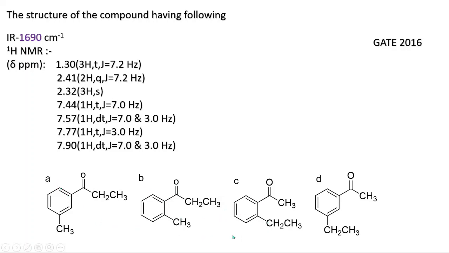Now between A and D, one is the answer. Now how to confirm that? We will look at these 3 chemical shift values: 1.3, 2.41 and 2.32.